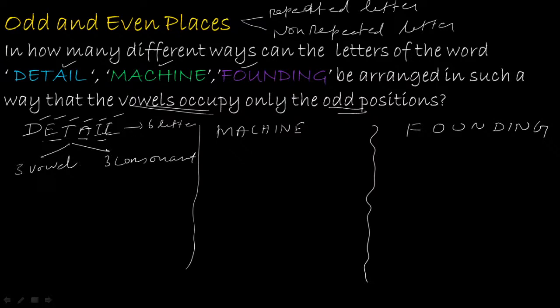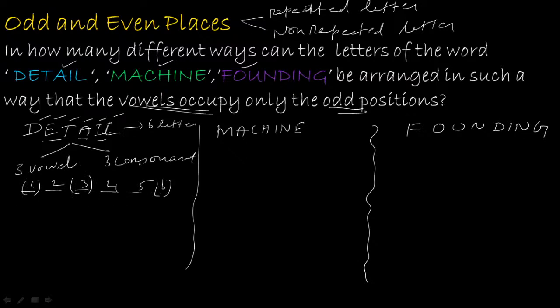Now let me make them portions as under: since it is a 6 letter word, 1, 2, 3, 4, 5, 6. So there are 6 portions. Among these 6 portions, vowels occupy only odd portions, that is first, third or fifth.